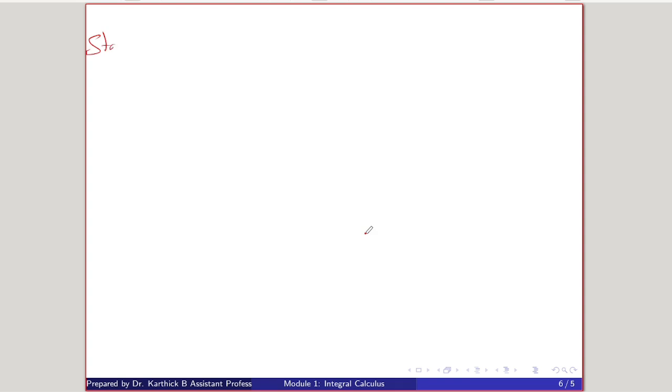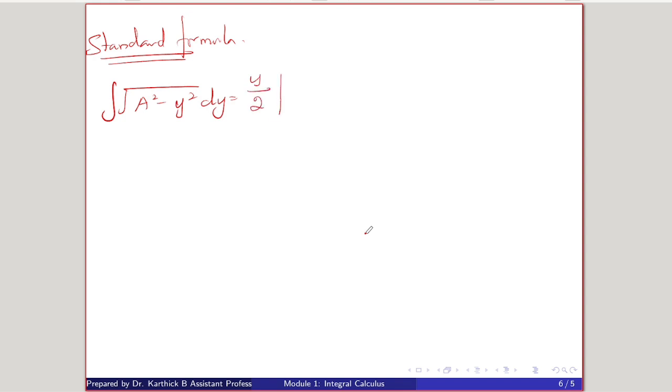Okay, on the next step we have some standard formula: the integral of square root of a square minus y square dy will be equal to y by 2 square root of a square minus y square plus a square by 2 sine inverse of y by a plus c.